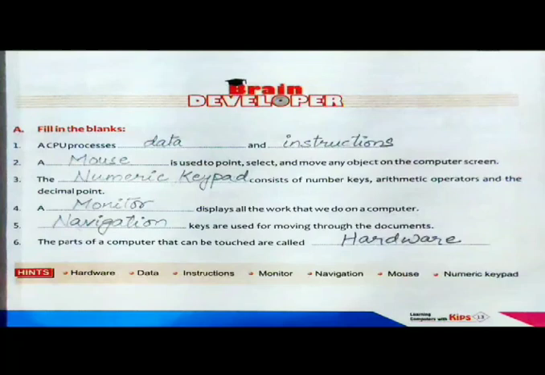Third, the numeric keypad consists of number keys, arithmetic operators, and the decimal point. Fourth, a monitor displays all the work that we do on a computer. Fifth, navigation keys are used for moving through the documents. Sixth, the parts of a computer that can be touched are called hardware.